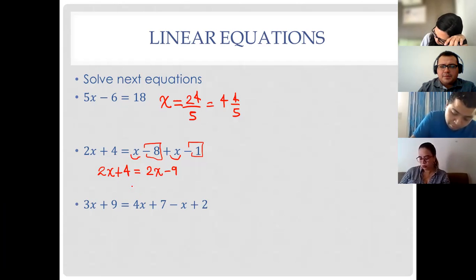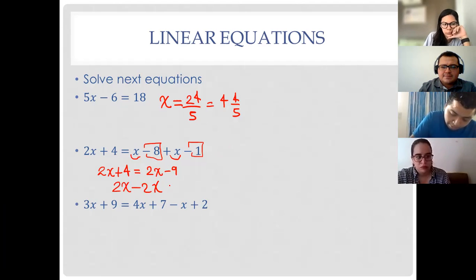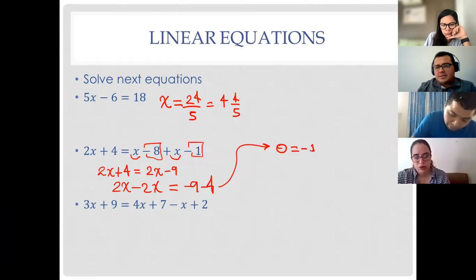Working variables with variables, numbers with numbers, you're going to have 2x minus 2x, and -9 minus 4. If we see this, then we're going to have 0 equals -13. So it's not that -13 is the answer.